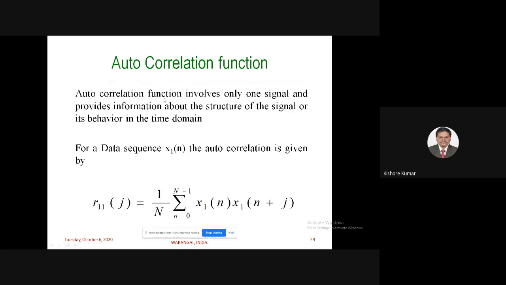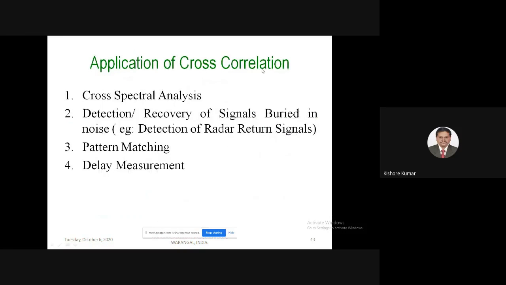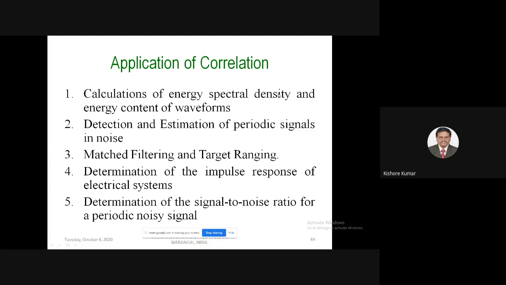From correlation we have different applications: cross spectral analysis, detection, recovery of signals buried in noise, pattern matching, delay measurement, calculation of energy spectral density, detection and estimation of periodic signals, matched filtering and targeting, determination of impulse response, and determination of signal to noise ratio.